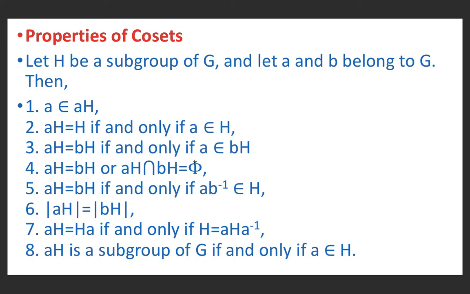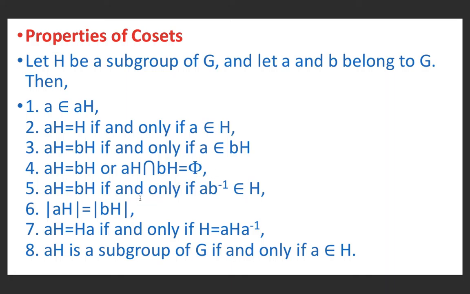Now, the next property is AH equal to BH or AH intersection BH equal to phi. This property says, and this is very important, that two left cosets of H are either identical or disjoint.